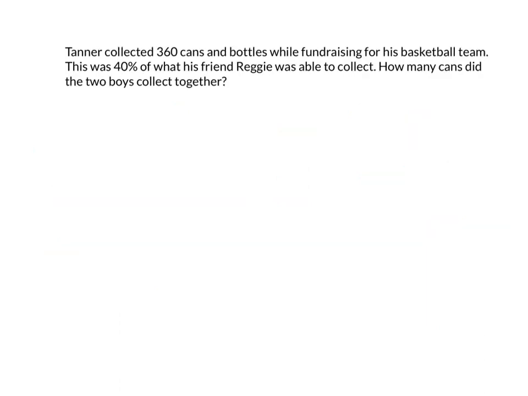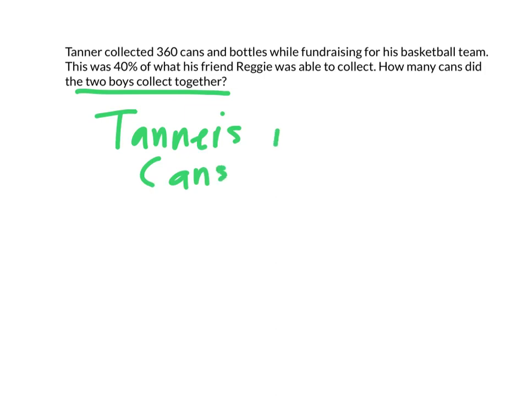All right, Tanner collected 360 cans and bottles while fundraising for his basketball team. This was 40% of what his friend Reggie was able to collect. How many cans did the two boys collect together? So when I'm reading this, it's talking about the two boys collecting them together. So that means Tanner's cans and Reggie's cans.